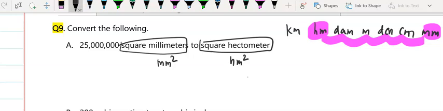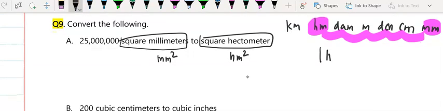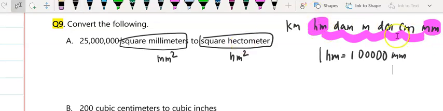So basically 1 hectometer equals 100,000 millimeter, because to get hectometer to millimeter you multiply by 10 5 times.